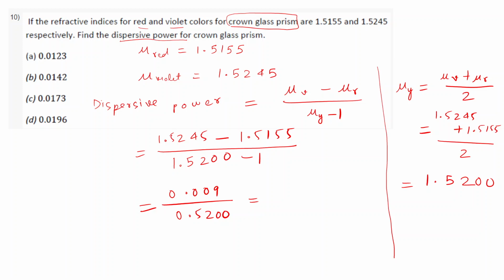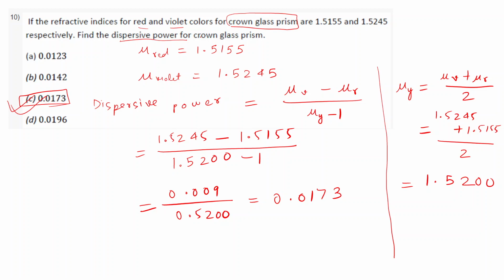When we do this division, 0.009 divided by 0.52, the answer is 0.0173. The C option is the correct answer here.